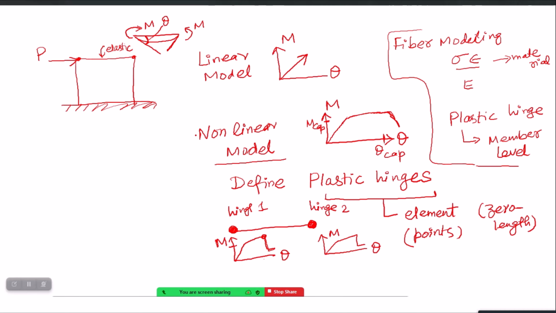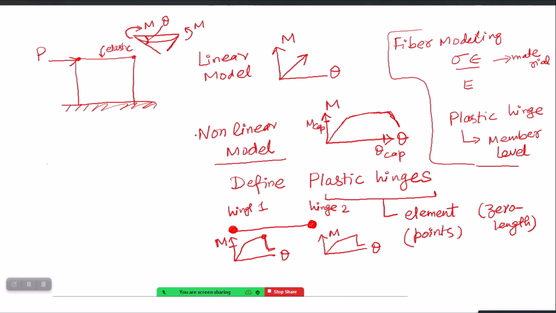Now if we define this kind of a particular plastic hinge, we are only making moment behavior nonlinear. We are not making shear behavior nonlinear, right? So we know that there are actually 6 actions in a three-dimensional frame element.